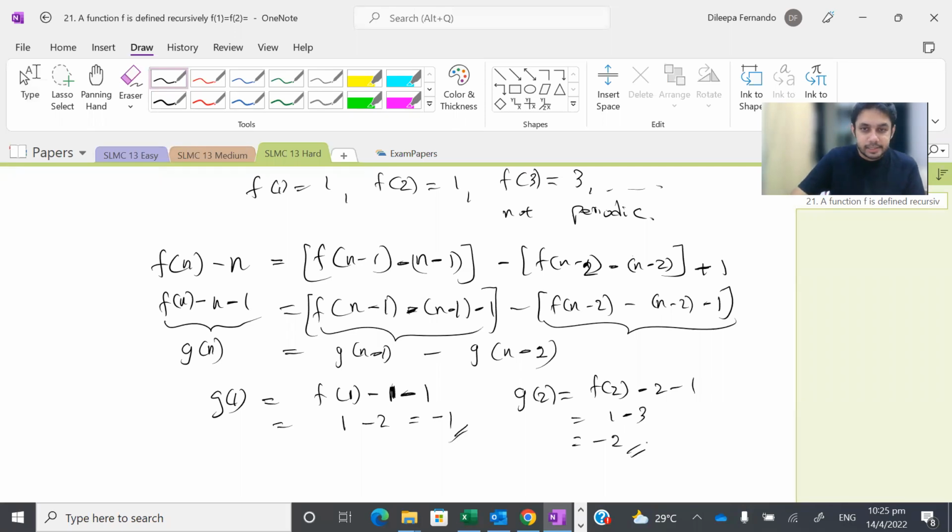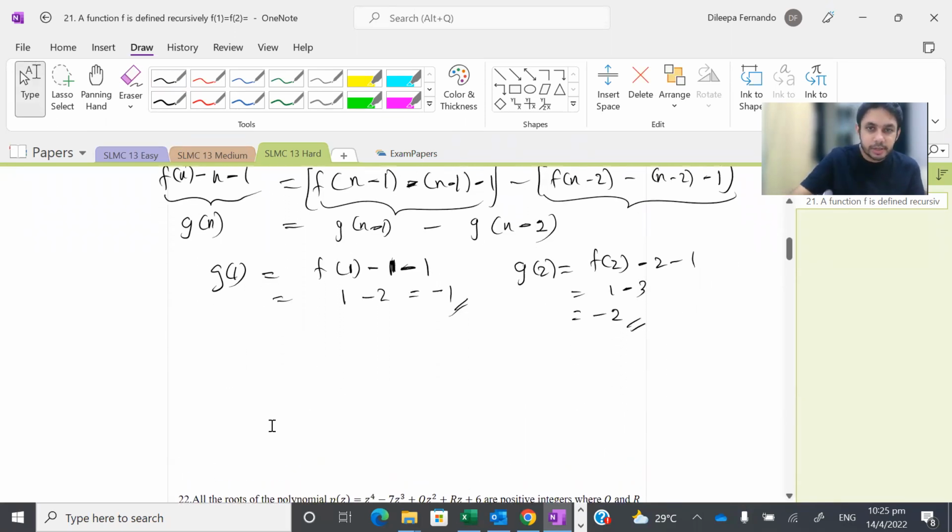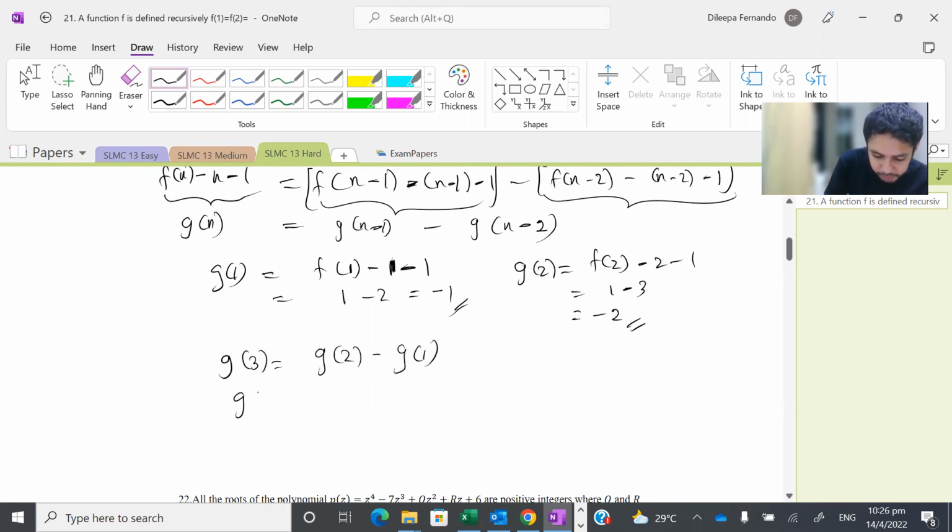But let's find the other values as well, without substituting G1 and G2, because if we keep them as G1 and G2, we will be able to see a pattern in terms of G1 and G2. Now let's see what is G3. G3 is G2 minus G1, and G4 is G3 minus G2.